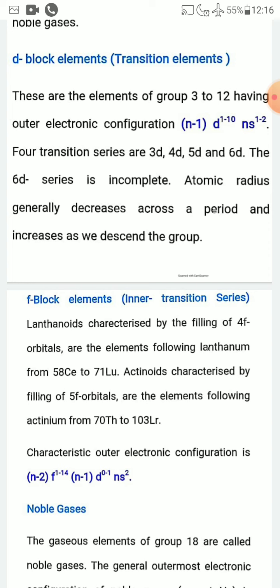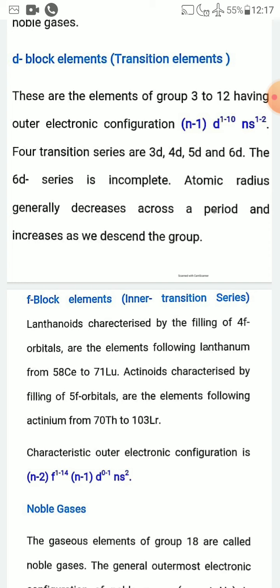By the definition of transition elements, the elements of group 12, that is zinc, cadmium and mercury, are not transition elements, but they are D block elements. D block elements have outermost electronic configuration (n-1)d1 to 10 ns1 to 2, where n is the valence shell.